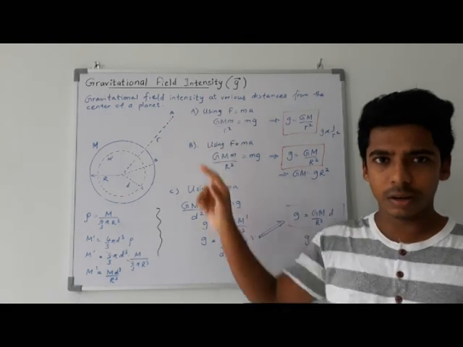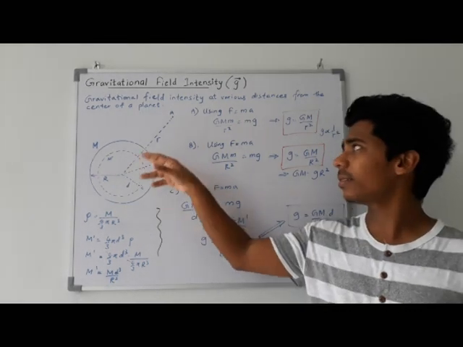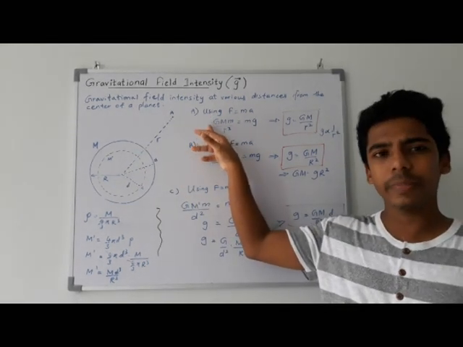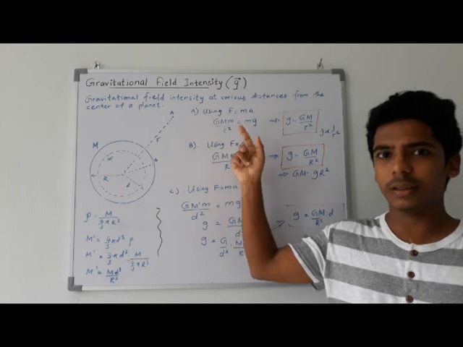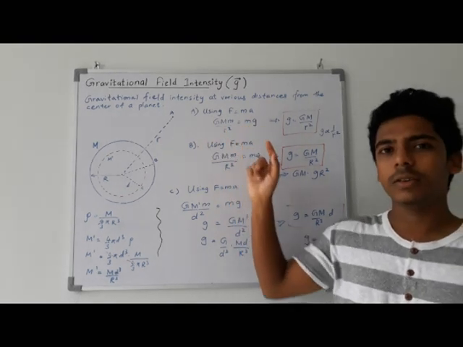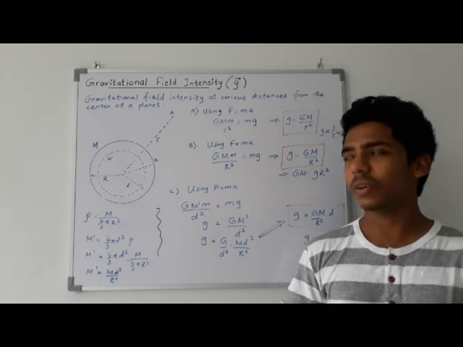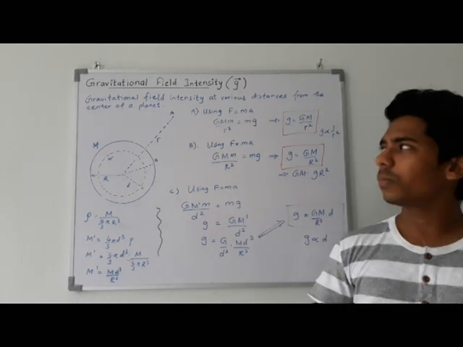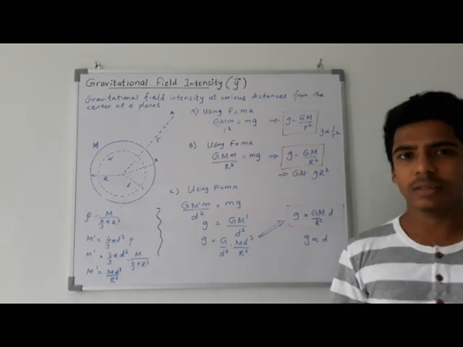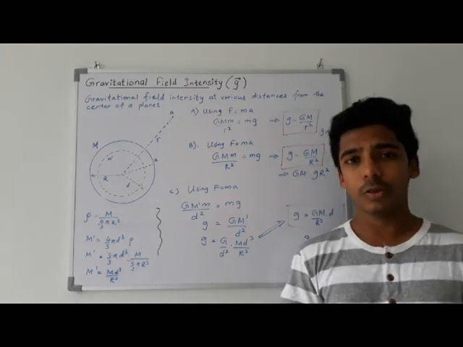So using F equals ma, I get the force acting on the mass. We know the gravitational force coming from this mass, so we can write GMm over r squared equals mg. Here g is the gravitational acceleration, which is the gravitational field intensity at this point. Simplifying this equation, we get g equals GM over r squared.